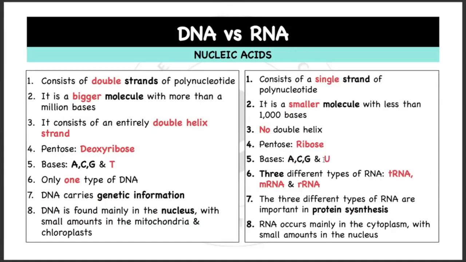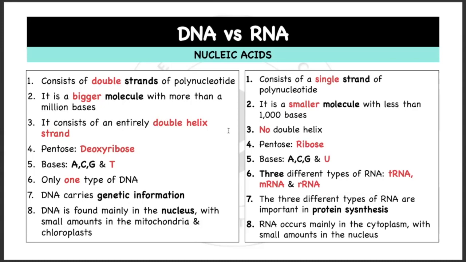So just a brief summary of DNA versus RNA. DNA consists of double strands, 2 strands of polynucleotide, whereas RNA consists of a single strand of polynucleotide, only 1. DNA is a bigger molecule with more than 1 million bases, and RNA is a smaller molecule with less than 1,000 bases.